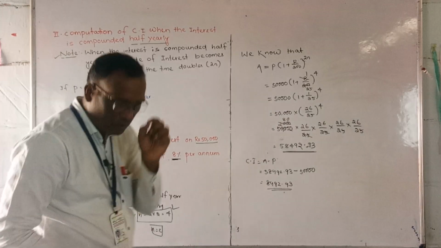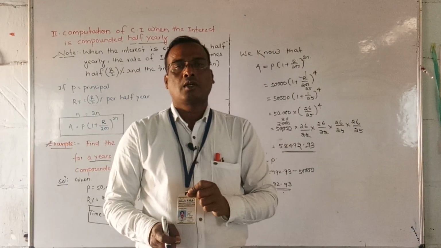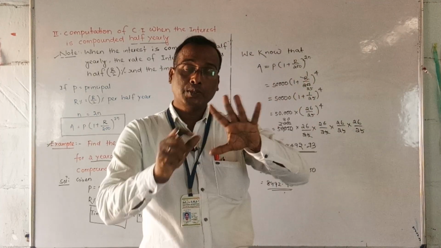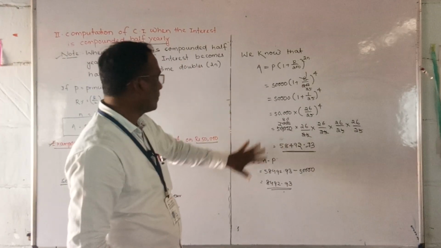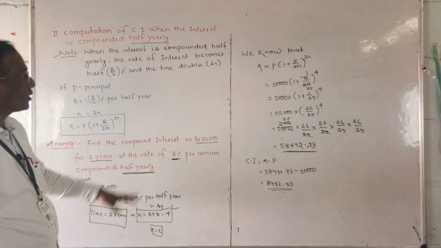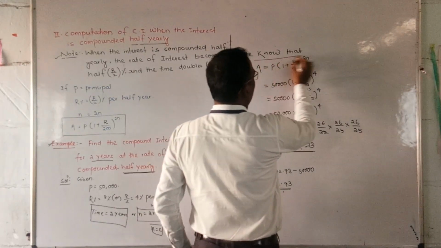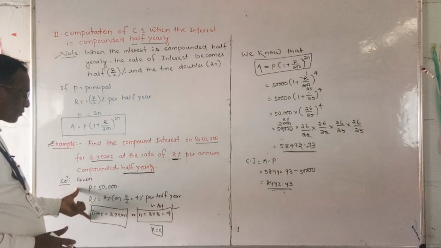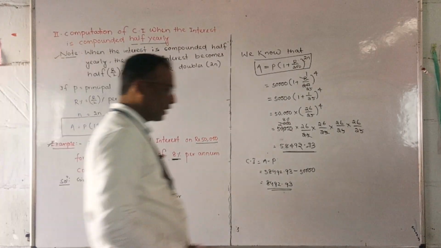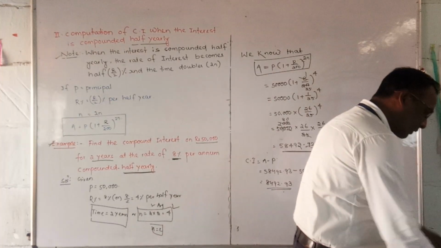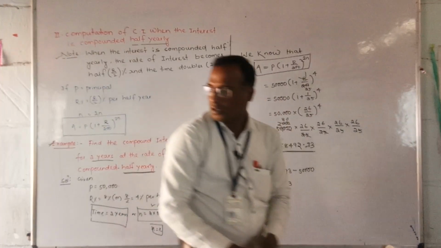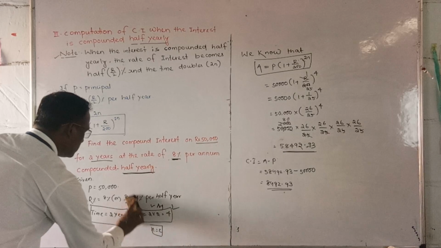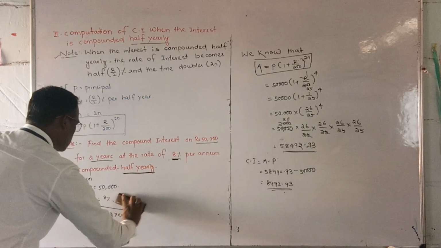If you remember this formula, then we can put the values directly. But why we are doing it like this is very important. Are you clear? Why we are doing it this way is very important. So this way you have to solve.